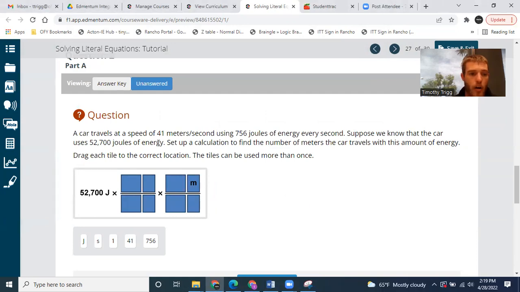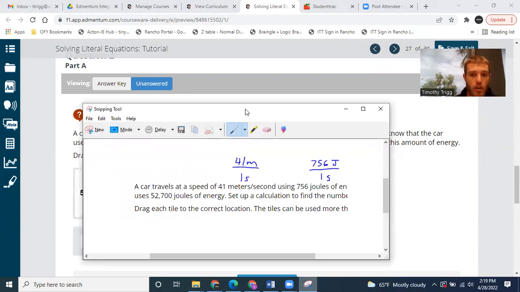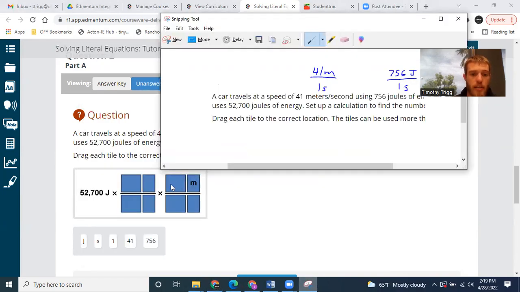Suppose that we know the car uses 52,700 joules of energy. So that's where this 52,700 joules comes from. Set up a calculation to find the number of meters the car travels with this amount of energy. So using our two ratios here, notice this has blank meters.